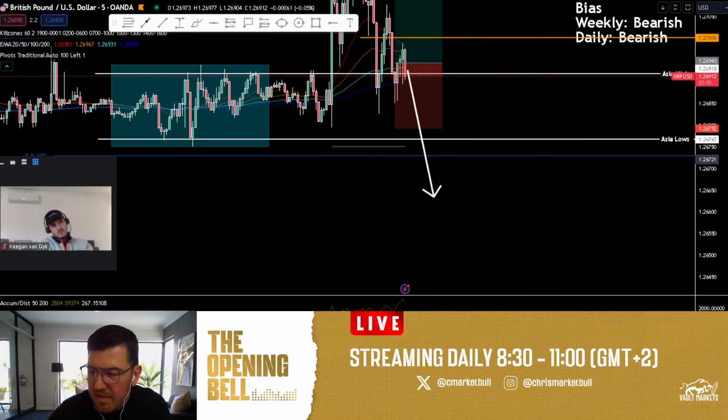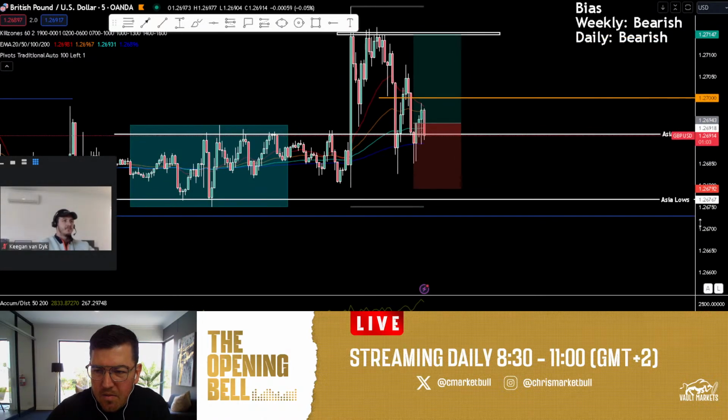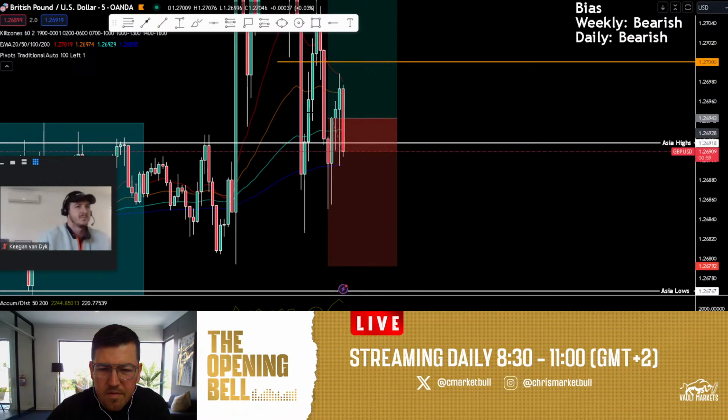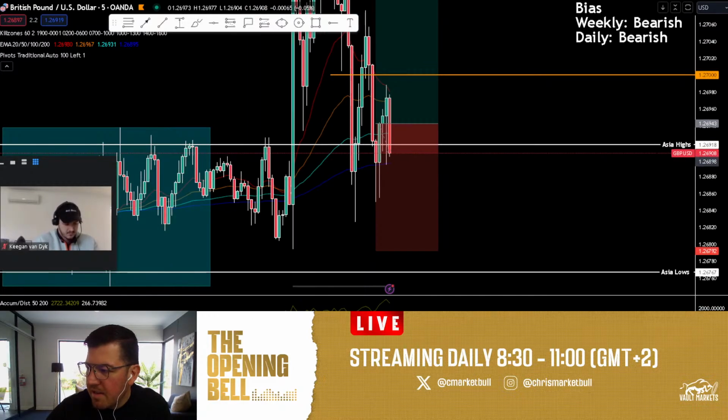But 1 minute left. Let's see if we can hold Asia highs. I honestly don't like the way that this 5 is printing, basically engulfing almost 15 minutes worth of price action. So I want to see us hold Asia highs.